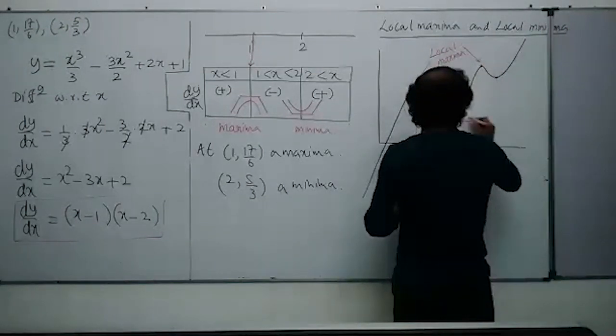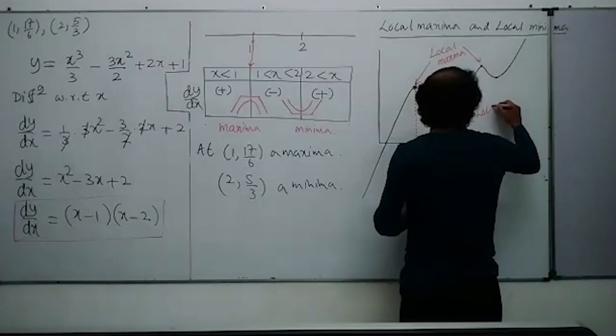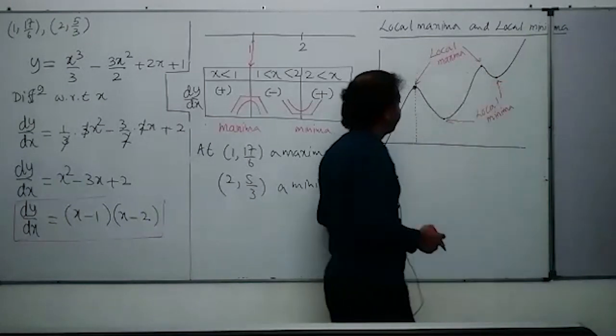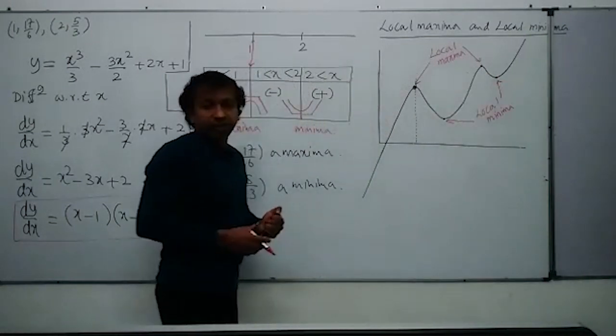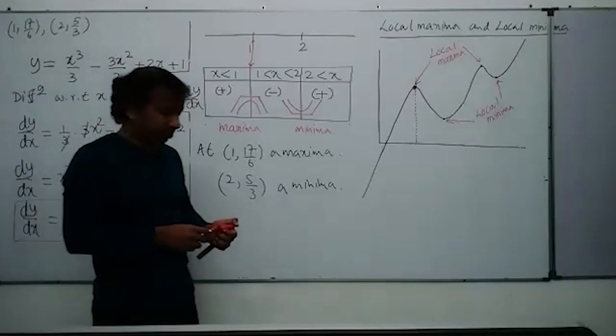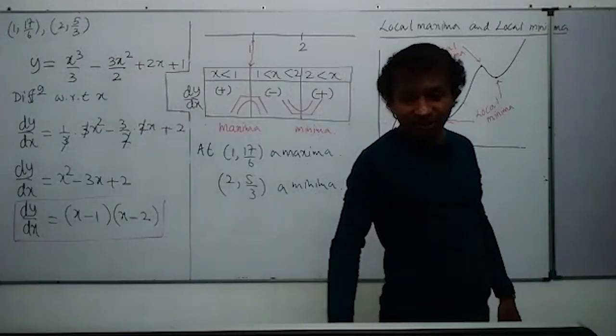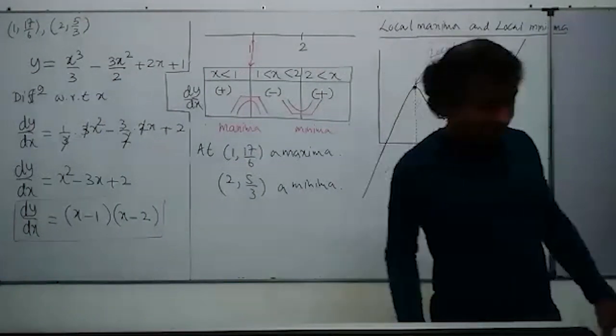Here, local minima. First draw this one and we will write one sentence. People, it seems it will take another 10 or 15 minutes to complete the things. We will see.